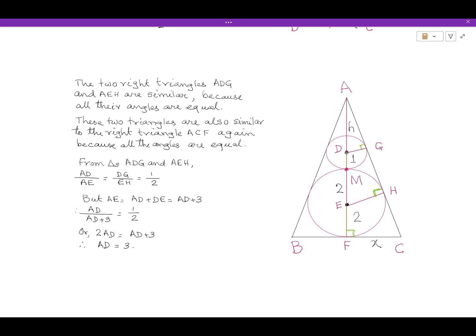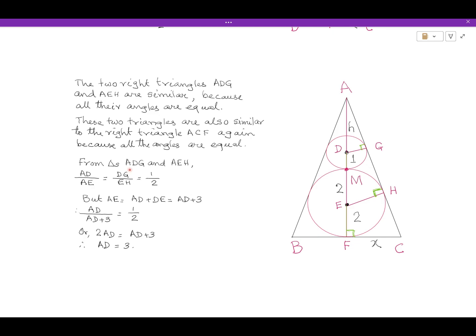Therefore, the remaining angles are equal. So, all the three angles being equal, the three triangles ADG, AEH and ACF are all similar to each other.